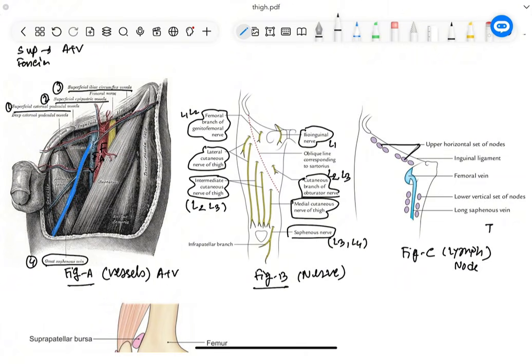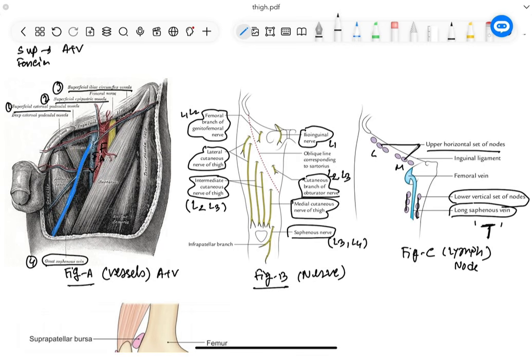You can see here, this is the upper horizontal group which has two parts, lateral and medial part, and the lower vertical nodes which are surrounded by this long saphenous or great saphenous vein on the lateral side as well as on the medial side. So these are the lower vertical set of nodes. So as I said, it has a T shape. The upper limb is for the horizontal set and this lower vertical is for the lower vertical set of nodes.